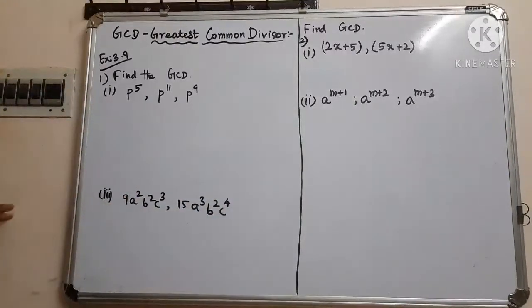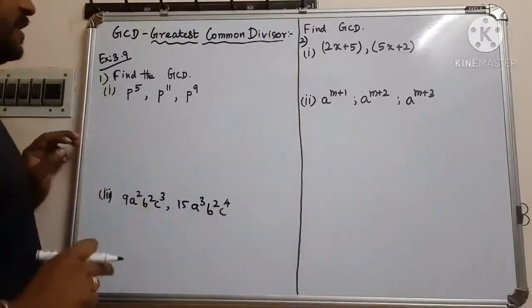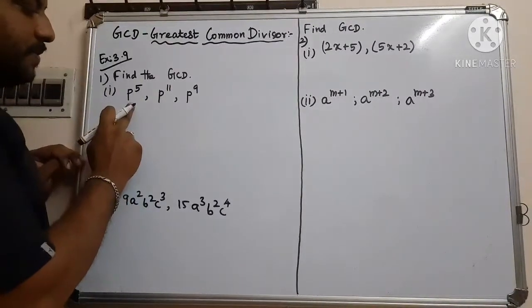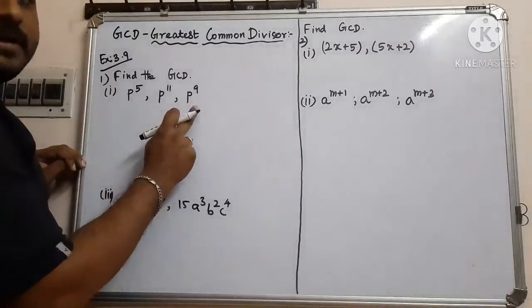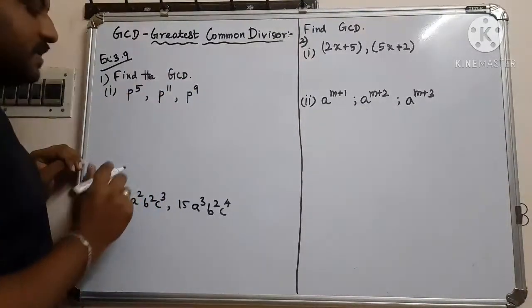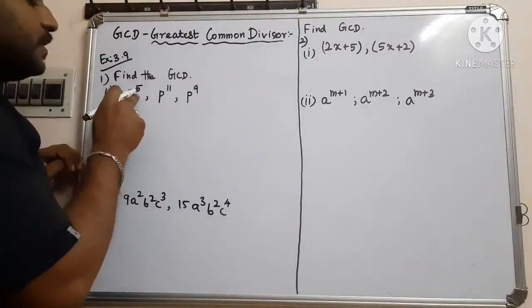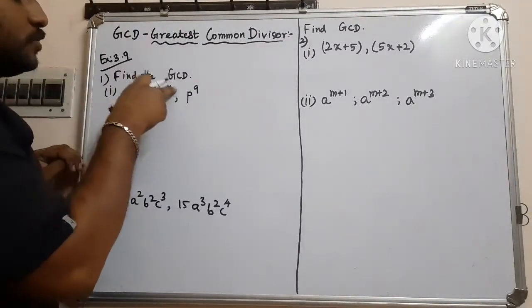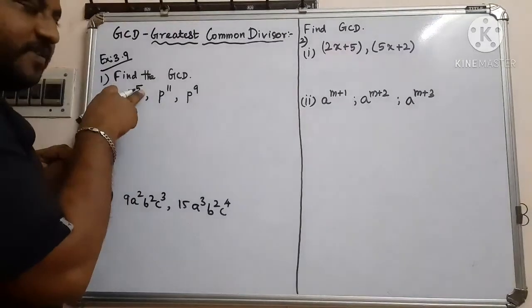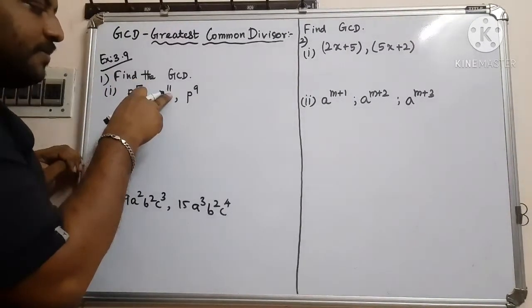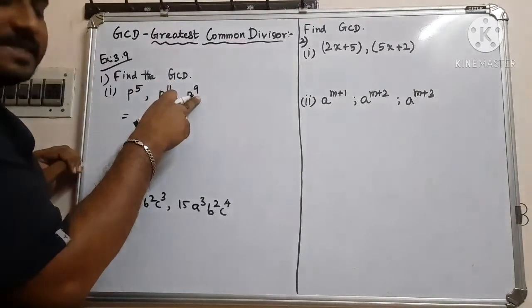Here in the question, first one is find the GCD. First question is p power 5, p power 11, p power 9. You have to look at the variables as well as the powers. Here p is a common variable and the powers are different: 5, 11 and 9.